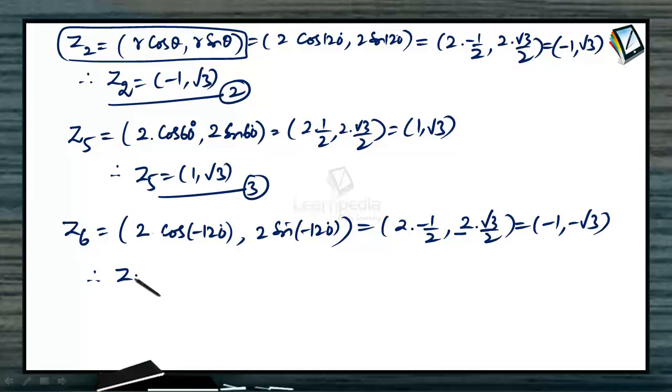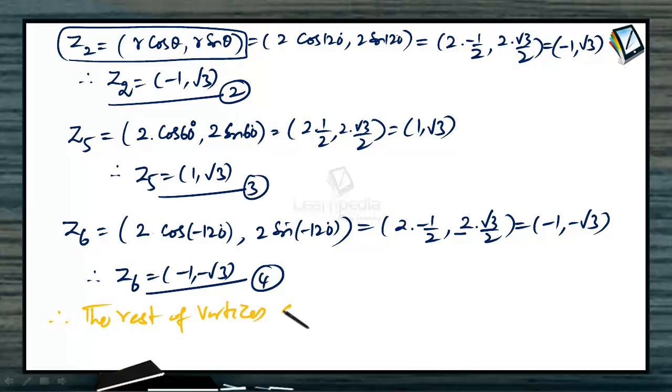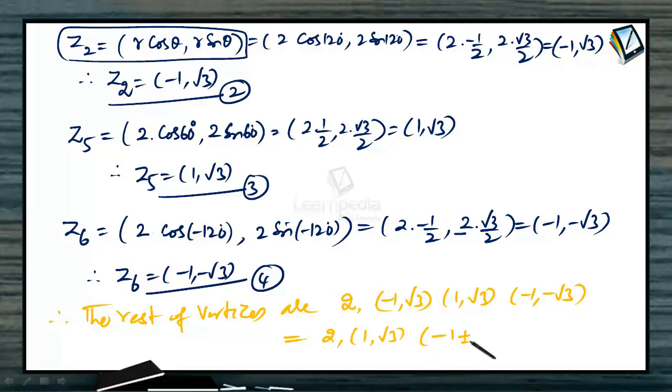Hence Z6 is (-1, -root 3), number 4. Therefore, finally, the remaining vertices are 2, (-1, root 3), (1, root 3) and (-1, -root 3). In fact you can write it as 2, 1 plus or minus root 3, and -1 plus or minus root 3. So these are the remaining vertices.